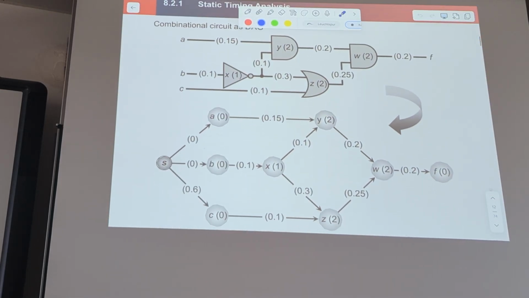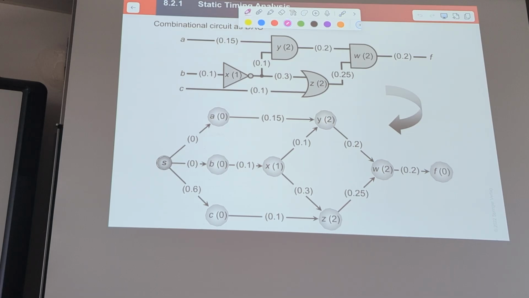So what you do is you have an example circuit here, a short, small circuit. The primary inputs are here, the output is here, and then you have numbers which are related to the gates.